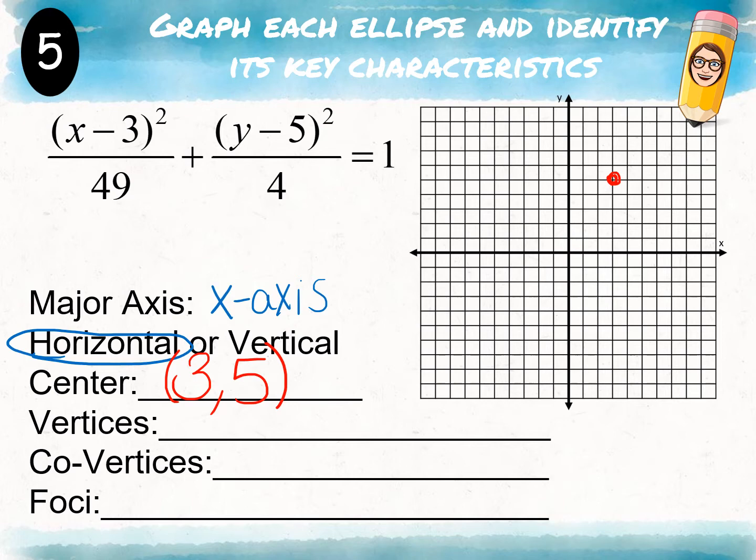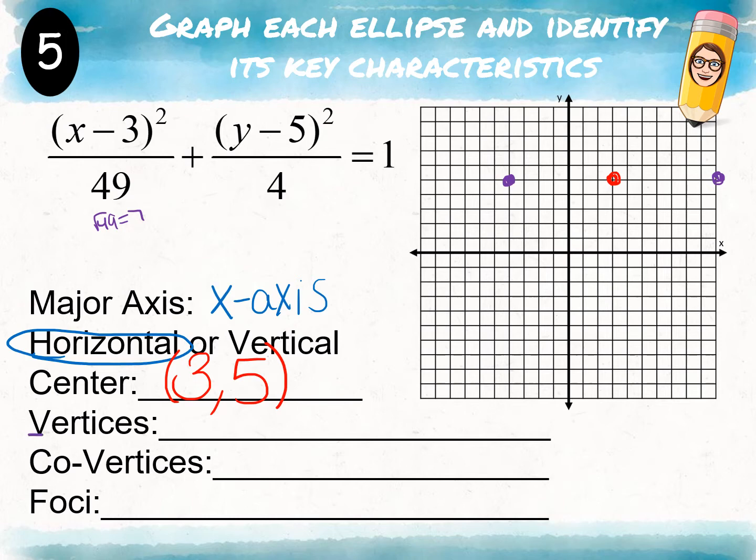All right, vertices. Here's where I definitely recommend graphing them and then writing them. From that center point, my major axis is the x, so I'm going to go left or right. It says 49, and the square root of 49 is 7. I want to go 7 in each direction. That means I'm going to exist here, and I'm going to exist here.